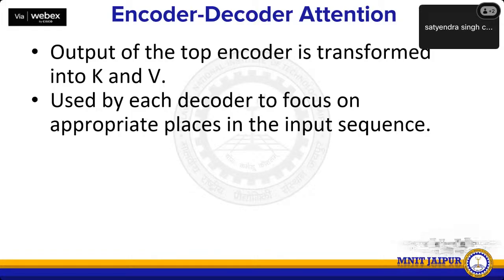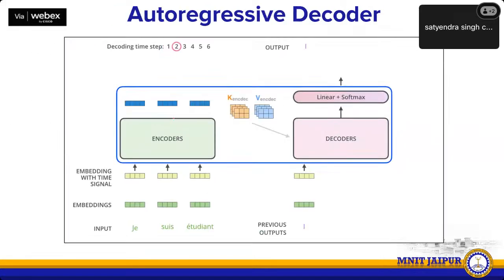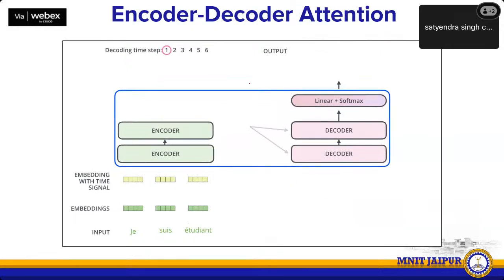After the masked attention layer, you have the encoder-decoder attention layer, where the output of the top encoder is transformed into K and V. The result you got from the encoder side, you again transform into K and V matrices, and you give it to the decoder.